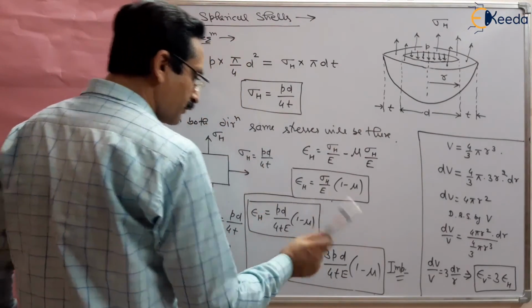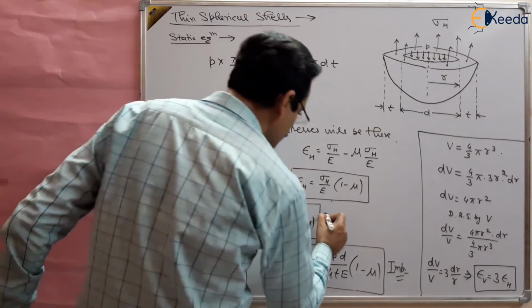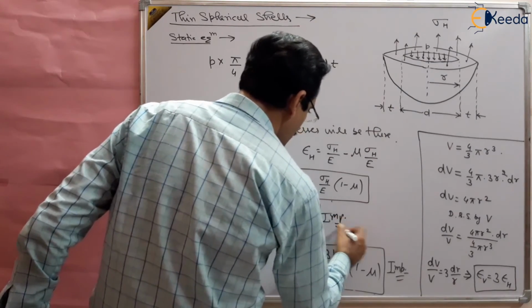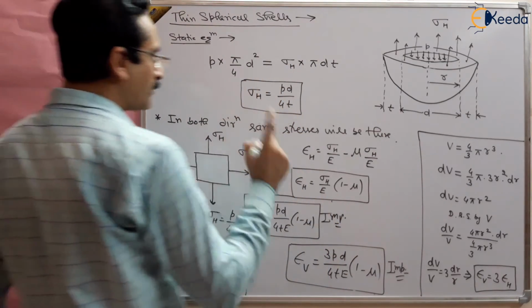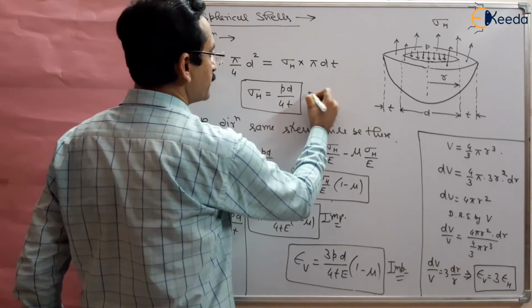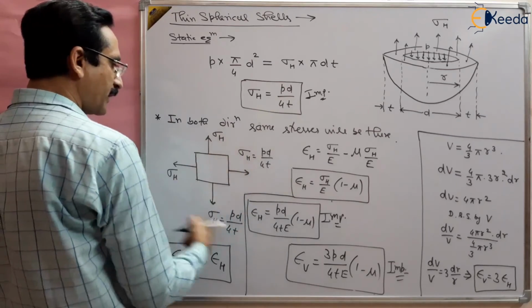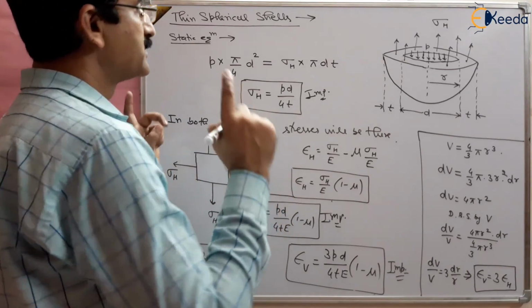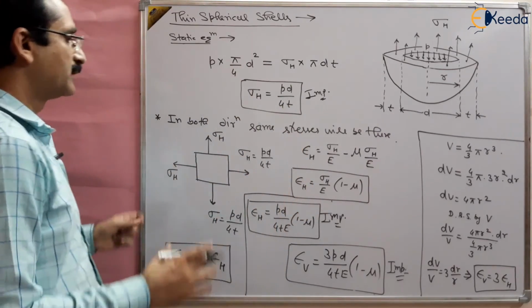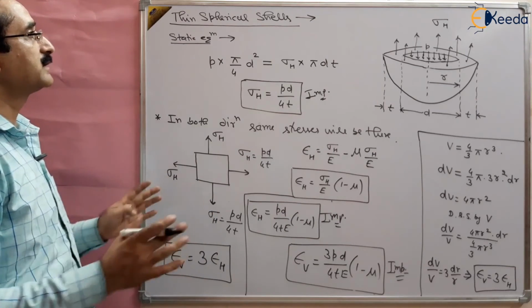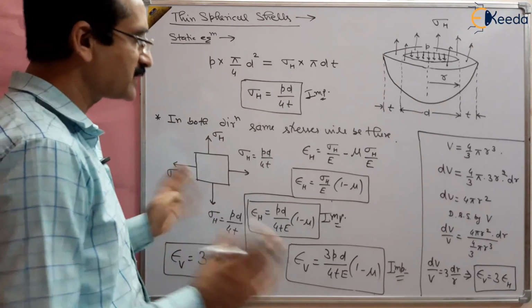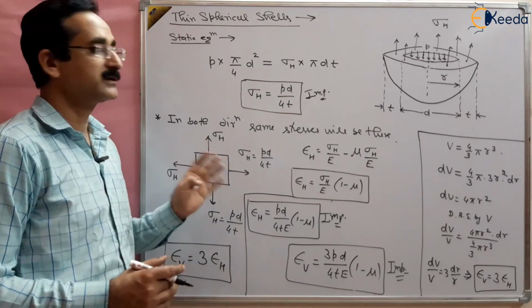Both hoop strain and volumetric strain you should remember. Other than this, you should remember the hoop stress, and hoop stress is the same in both directions, right? In case of spheres. So this was the case of stress and strains in thin spherical shells.